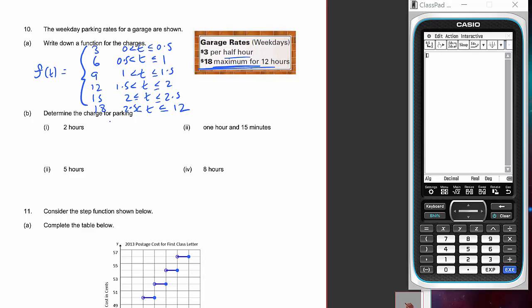So the parking charge for 2 hours is the included one here, so that's going to be $12. 1 hour and 15 minutes would be in this range here, so that would be $9. 5 hours would be in this last range here, so we've got to pay $18 for that. And 8 hours is also in that last range, so that's $18.